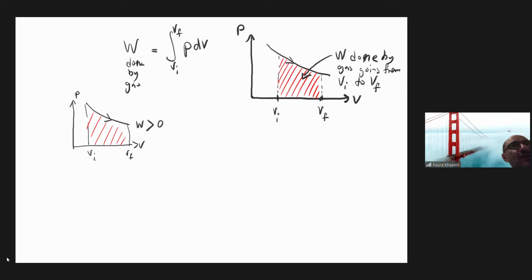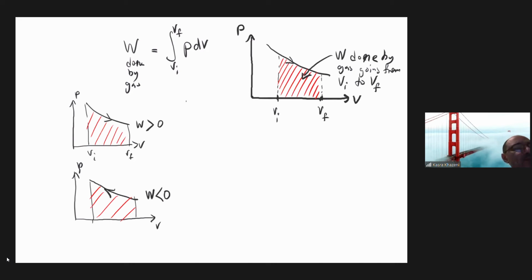Now you can have another situation where you're moving in that direction. This work is negative. The gas is doing negative work, but by expanding, its volume is getting larger, so it's expanding. All right?